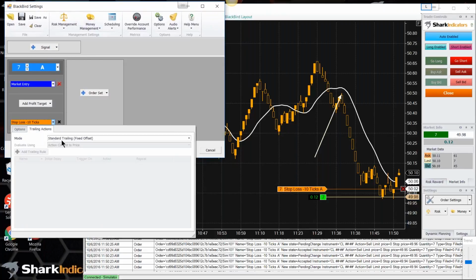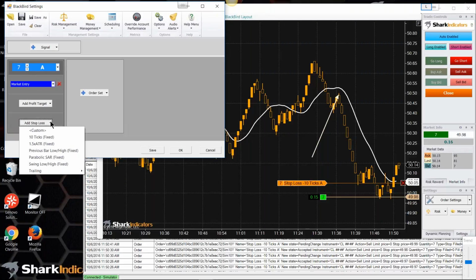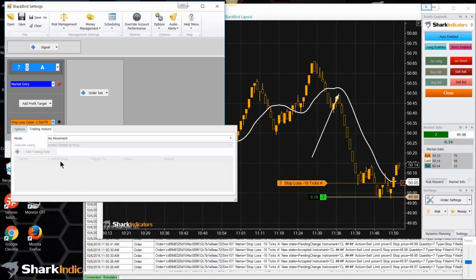If we wanted to create some kind of custom trailing stop loss, we could change this to custom, and then we could add some trailing rules in here. So, all right, next stop loss. Again, we have an ATR based stop loss.